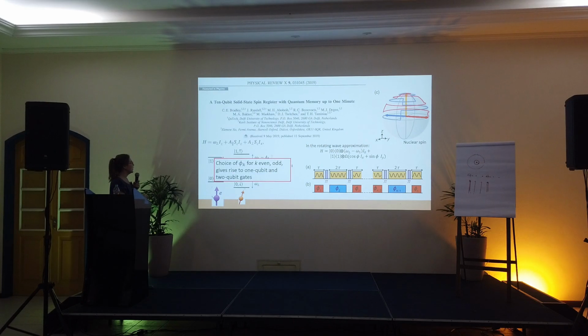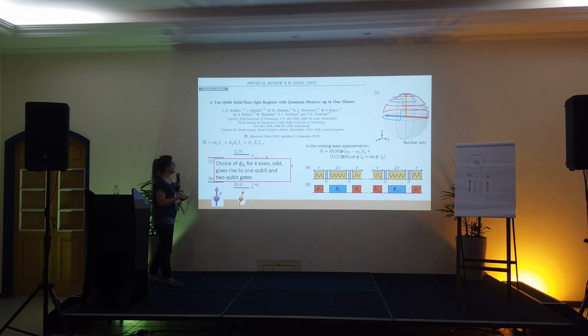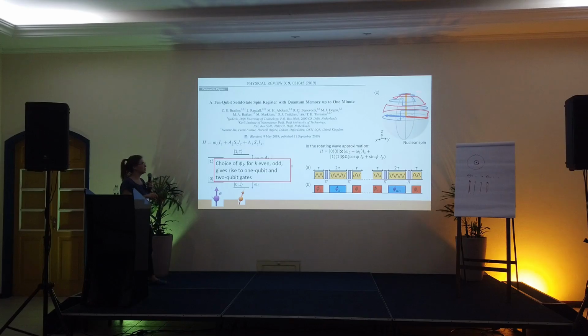Now I can wisely choose these phases that I apply to my RF field for even or odd pulses. And by carefully choosing these phases, I can give rise to either one-qubit rotations for the nuclear spin or two-qubit gates for the nuclear spin conditional on the electron spin.